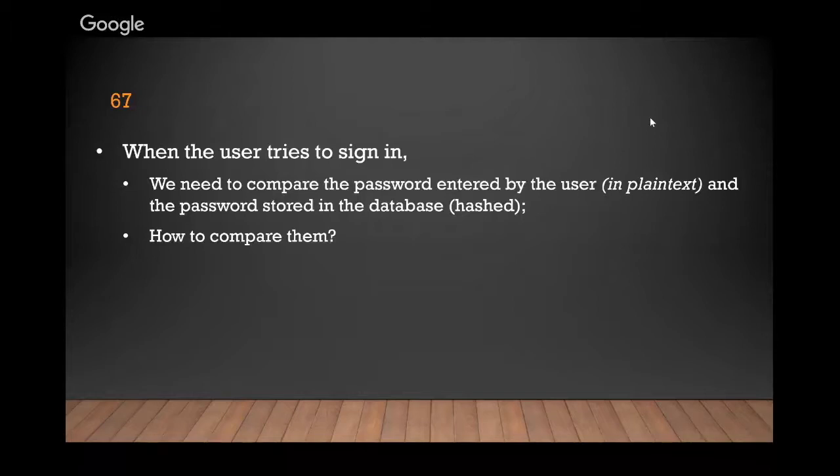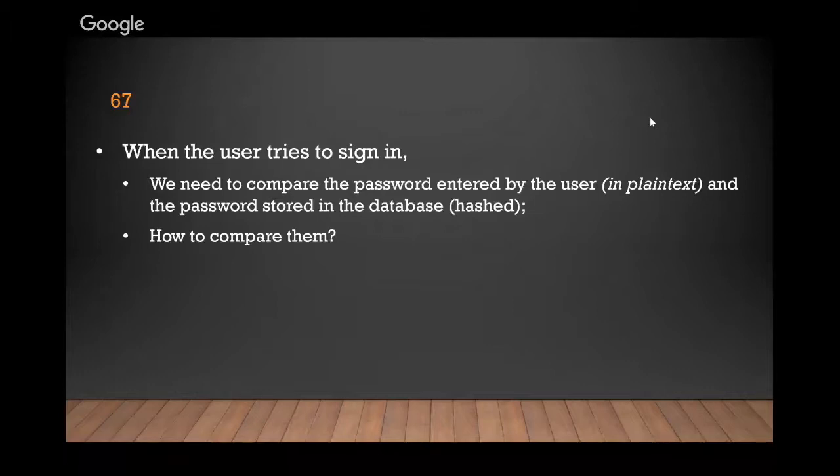But then how do you check from the plain text? Because the problem is that you have the hash version, but it's a one-way hash. You have B now, but you cannot derive A from B. If you just store an encrypted version of your password in the database, you can decrypt it.